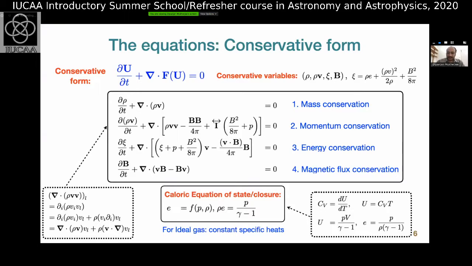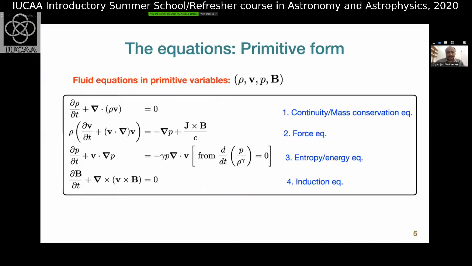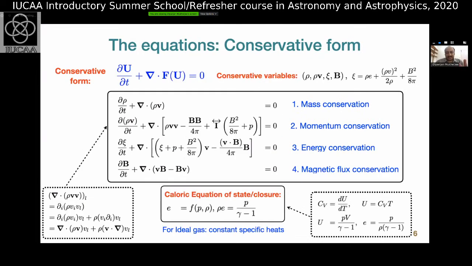So these are the primitive variables: the density, the velocity, the pressure, and the magnetic field. They are called the primitive variables, and this form of the equations is called the primitive form. Now, this is called the conservative form of the equations, and the conservative variables are density, momentum, energy, and magnetic field.